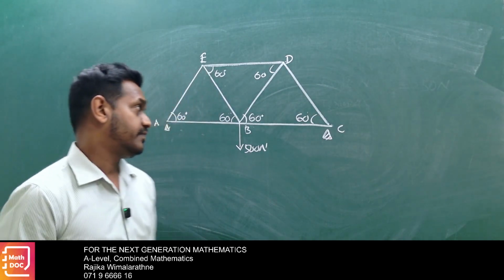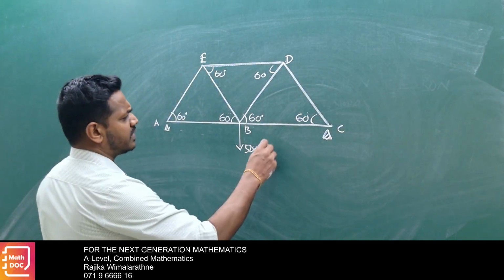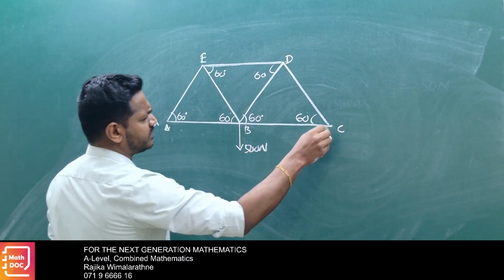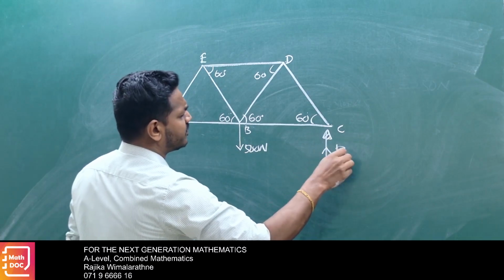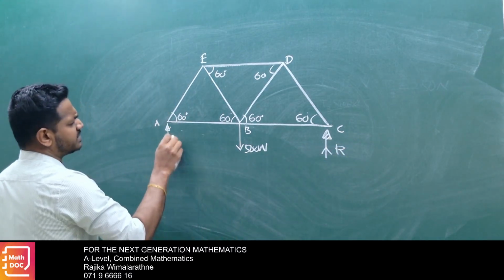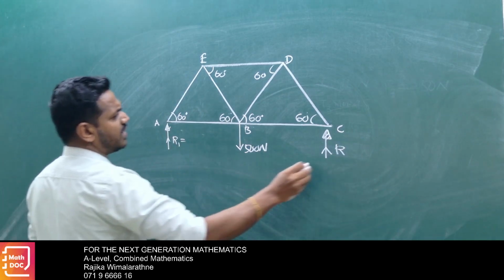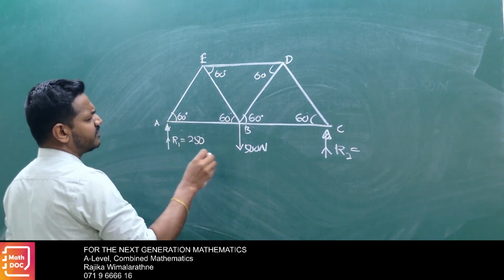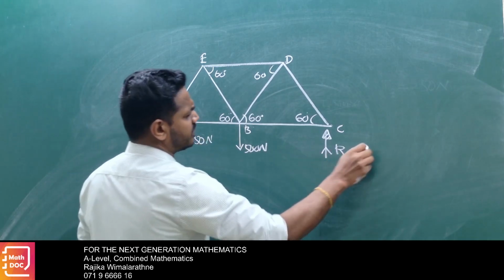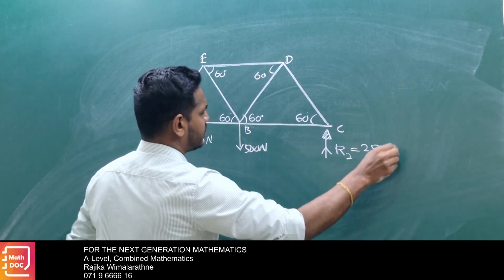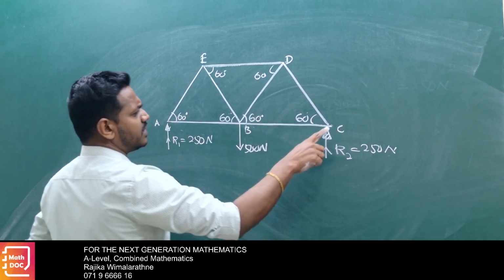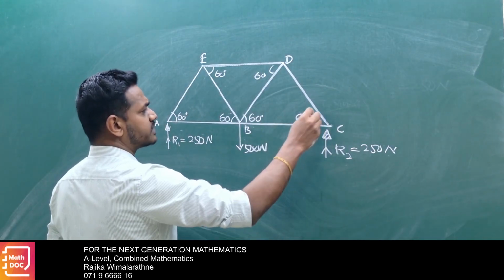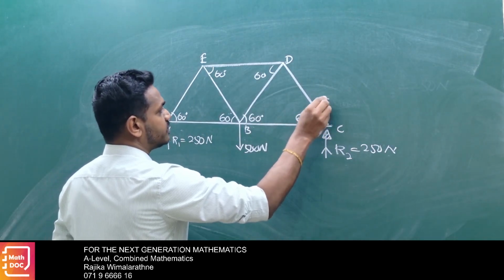Do alone. Here this is a symmetrical system. Here reactions R1, R2, they are the same. Then 250 newtons, 250 newtons. Then vertical upward force can be cancelled by vertical downward force.